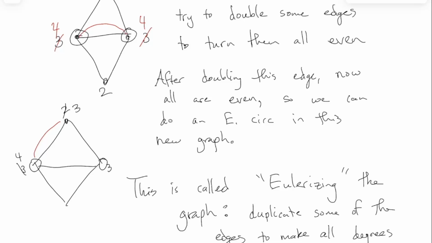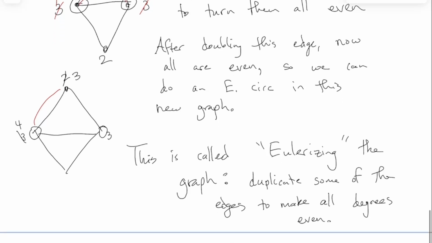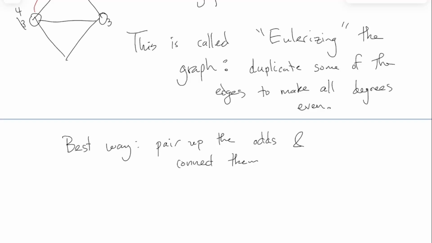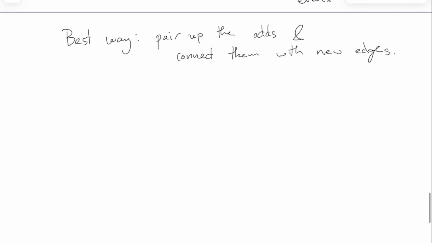This is called Eulerizing the graph. You duplicate some of the existing edges to make all of the degrees even. And in the best case scenario, the best way to do this is to pair up the odds and connect them with new edges. So I'm just going to draw a bunch of simple examples.